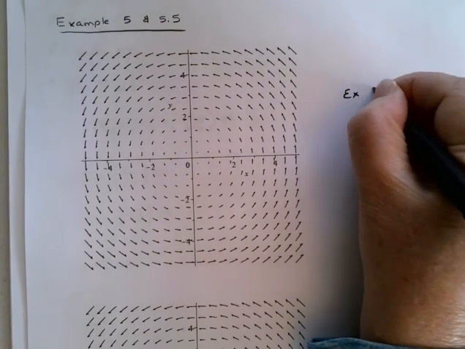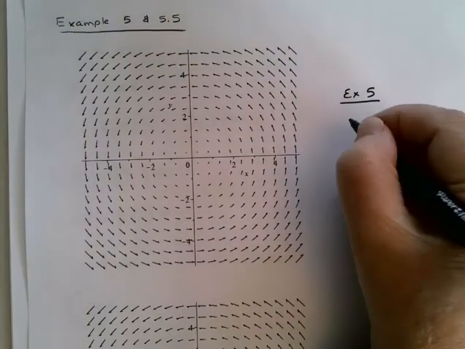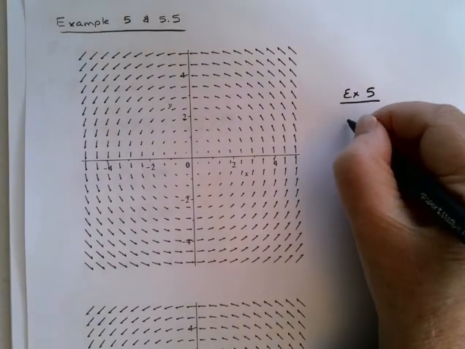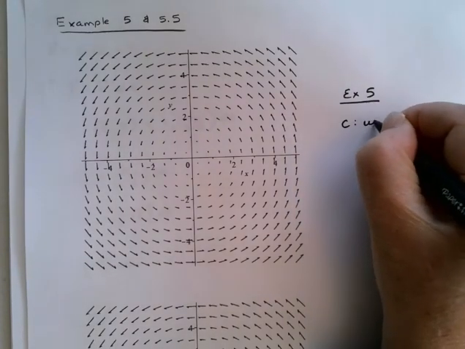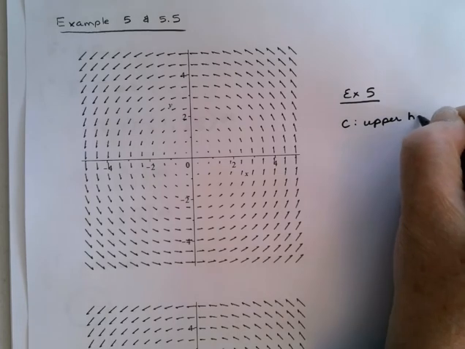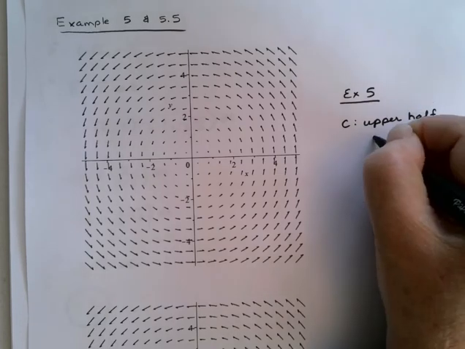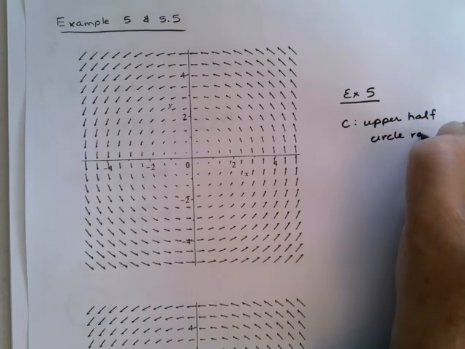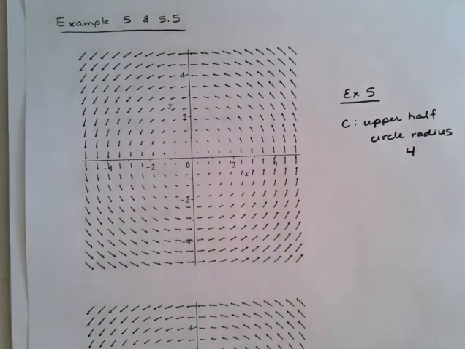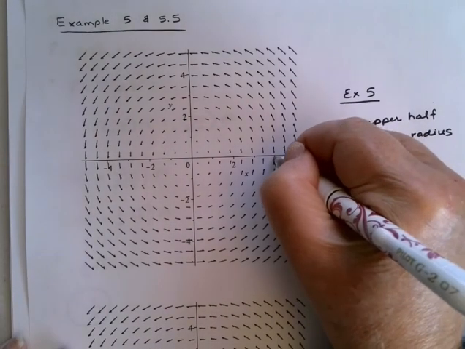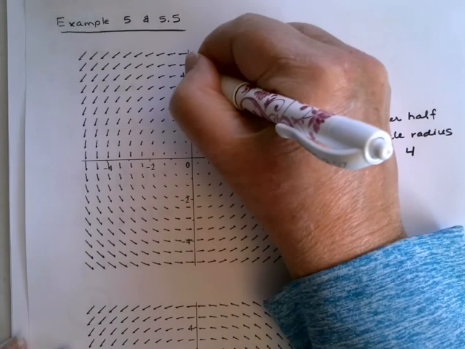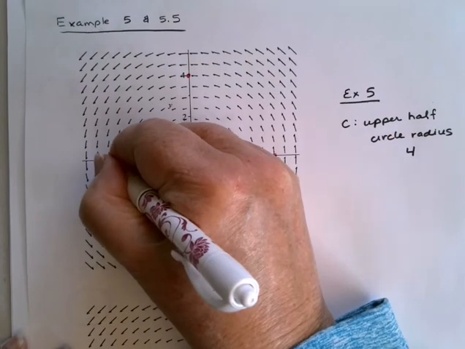In example 5, that was the one where C was that upper half circle of radius 4. If I go over here and actually try to plot that, there's 4, 4, negative 4.